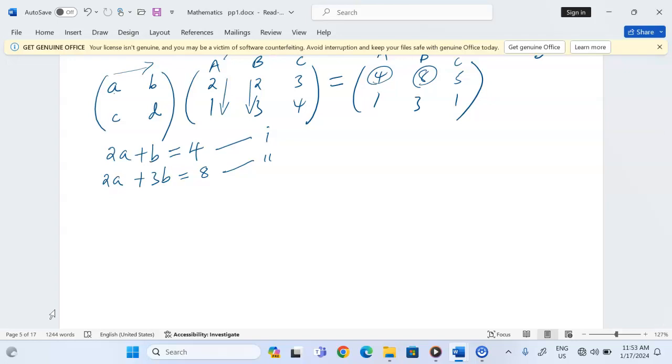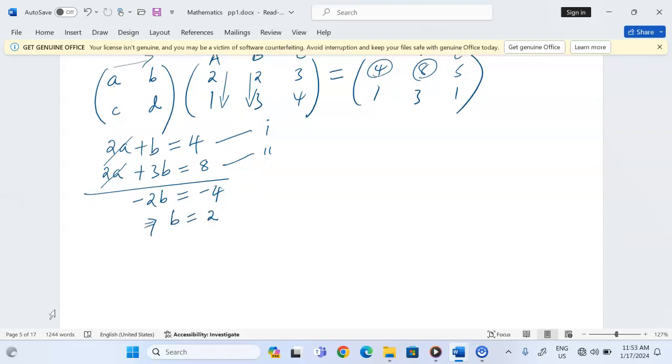We can use the elimination method, whereby because the coefficients of A are equal in the two equations, we can subtract to eliminate A, such that 2A minus 2A becomes 0, then B minus 3B becomes negative 2B. This is equivalent to 4 minus 8, which is negative 4, and this means that the value of B equals 2.